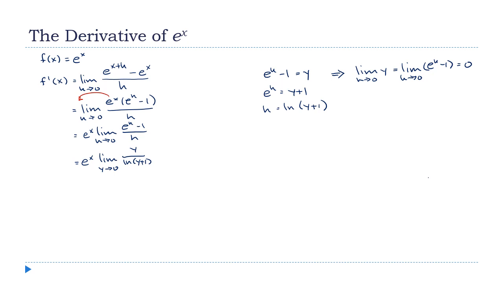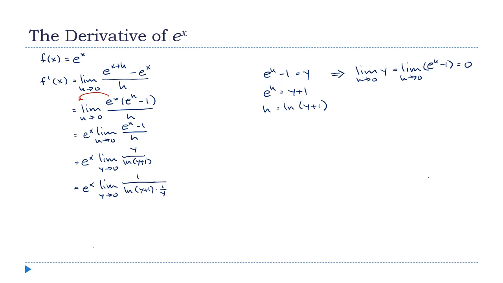All right, now let's see. I'm going to take that y in the numerator and move it down to the denominator. So this becomes e to the x times the limit as y approaches 0 of 1 over the log of y plus 1, times 1 over y.